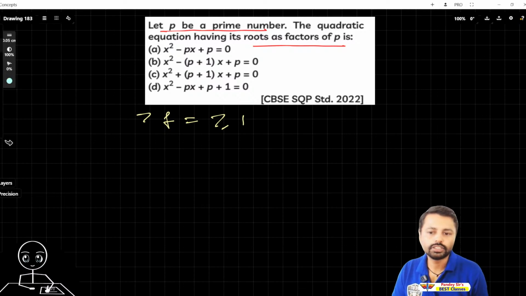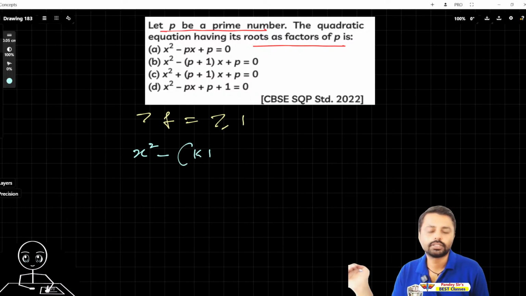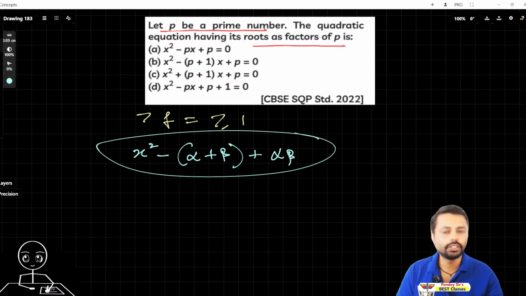The formula to form the equation is x square minus, wait a minute, instead of k I will write alpha plus beta, and plus alpha beta. Okay, this is the formula for making a quadratic equation.